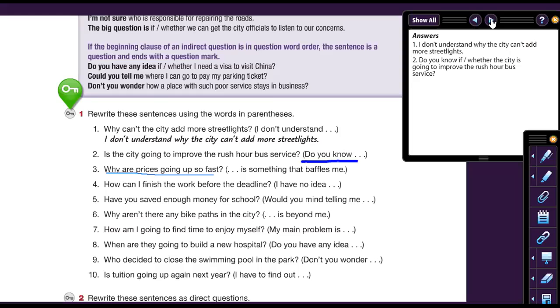Me, teacher, I can try. Okay, you're right. Why are prices going up so fast is something that baffles me. Exactly. But you read it in question order. That's the question: why are prices going up so fast?